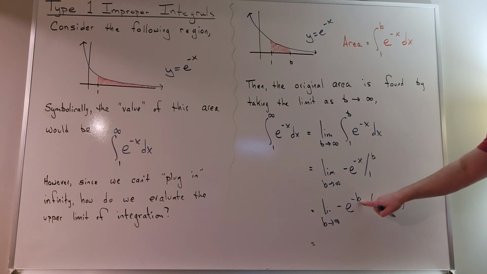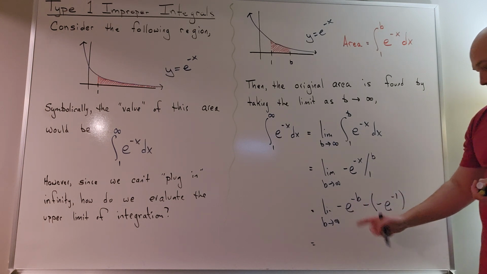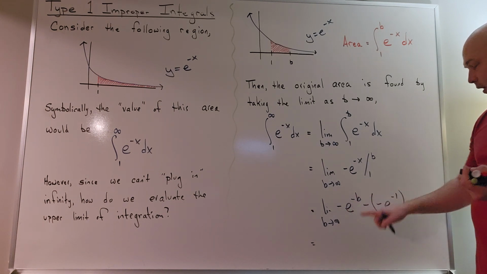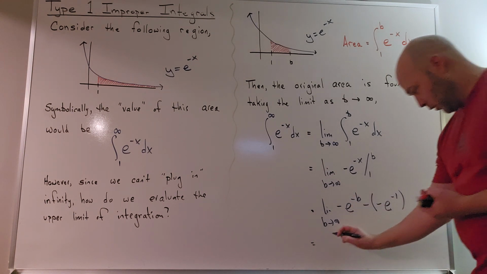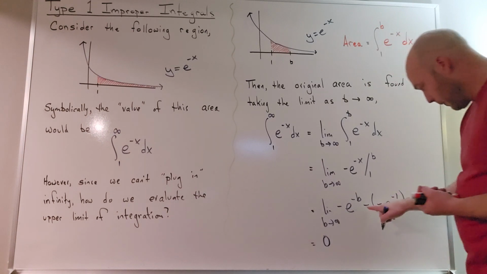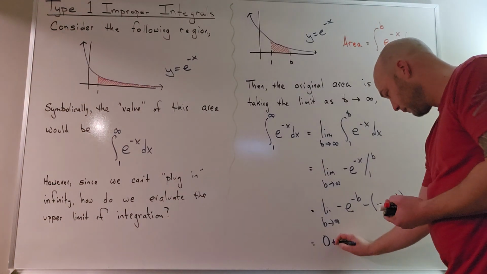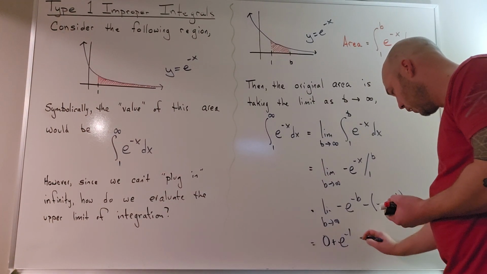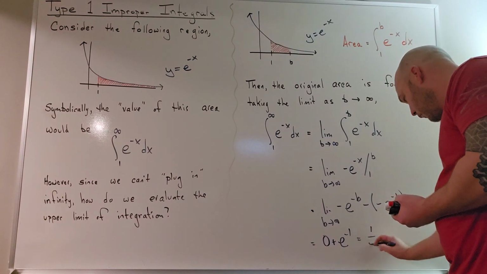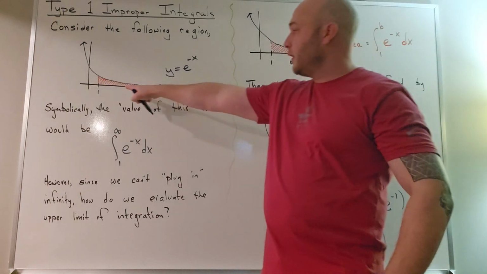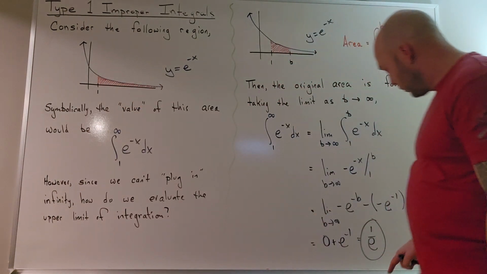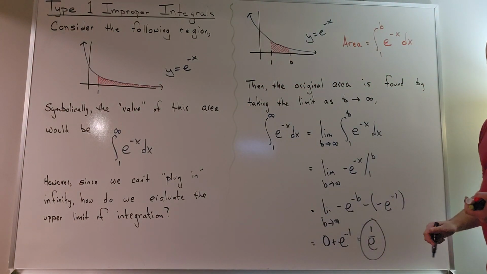Well, negative e to the negative b, as b goes to infinity, that would be 0. So I would have 0 minus minus, so plus e to the minus 1, which gives me 1 over e. Therefore, the value of this infinitely long region is equal to the constant 1 over e.